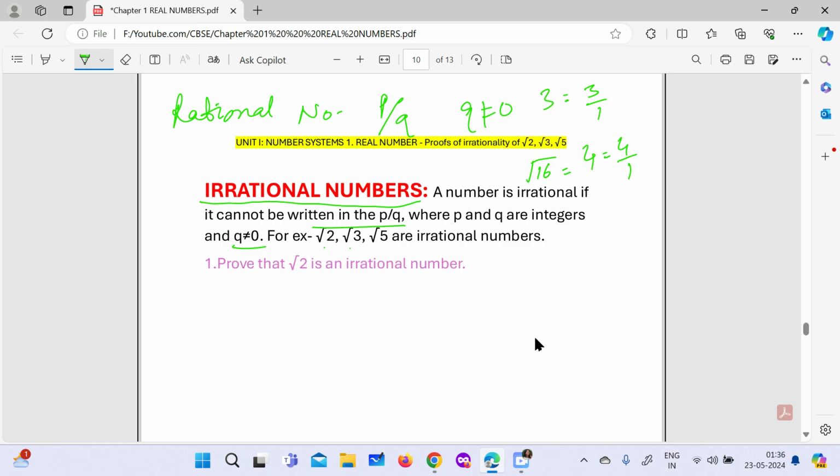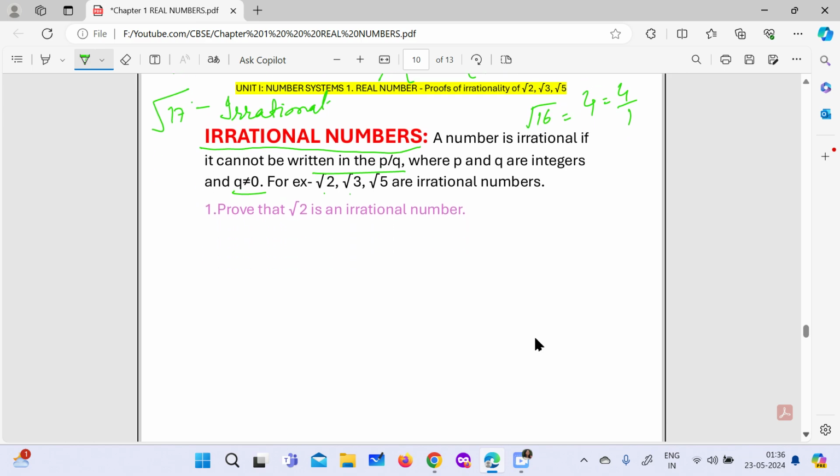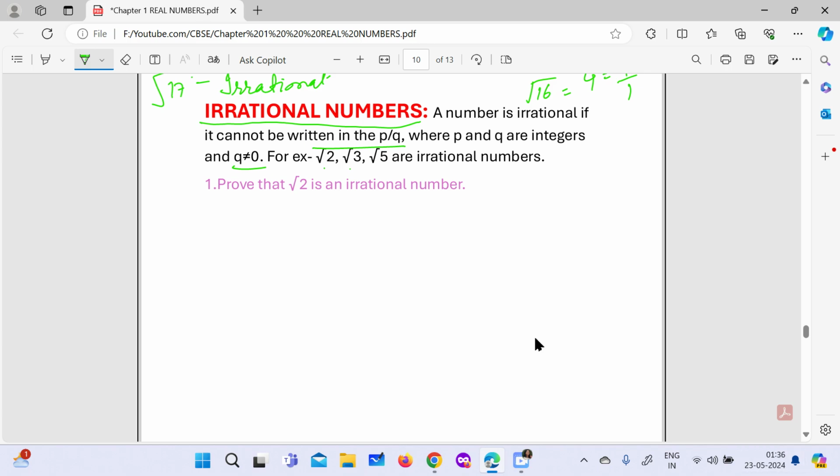So this is also a rational number. But if you have root 17, root 19 like that, we cannot have a specific whole number like this, and then this is your irrational number. Okay, so I hope the difference between irrational and rational numbers is clear.